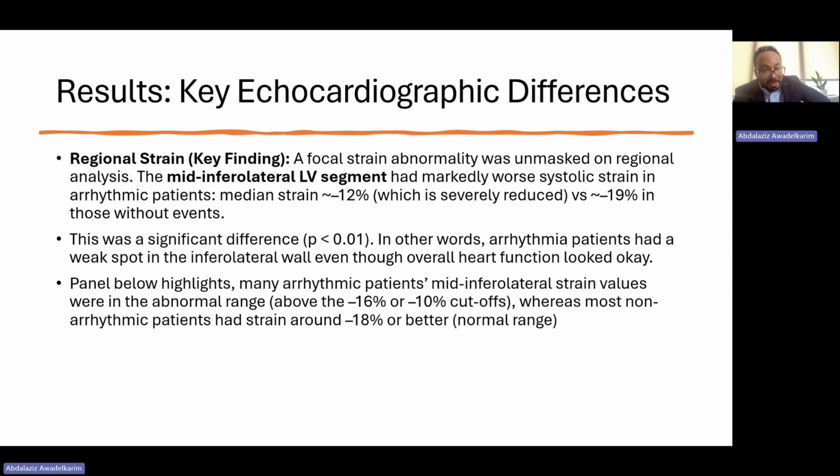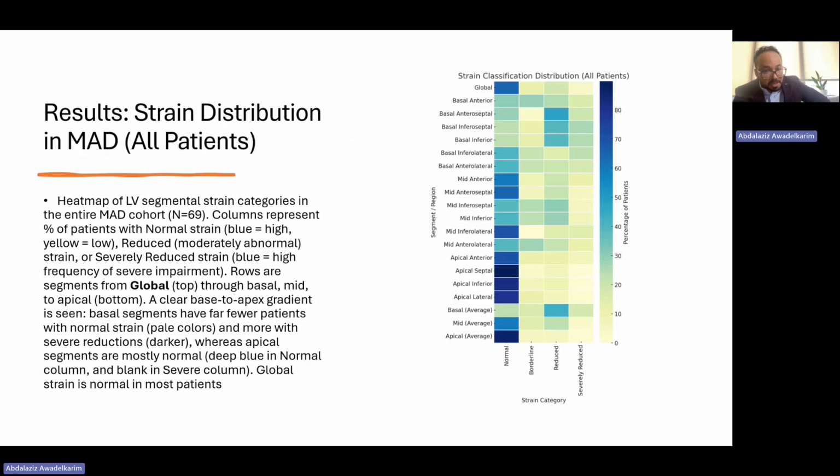We classified them categorically, and we also analyzed them as continuous variables, and we did the analysis in both. This is a representation, like a heat map, of the people who have different strains in different segments. There are 18 segments that we compared.